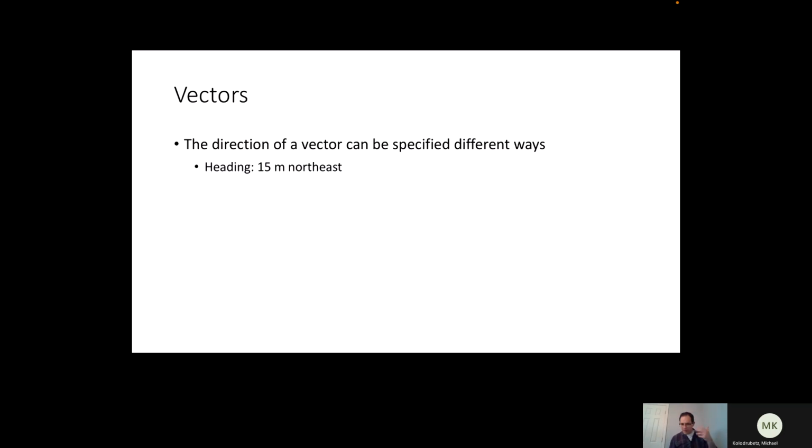Of course, for our purposes, we usually want to put a little bit more math behind these things. We're going to use angles. So the more conventional way that we will do it is we will draw out a vector, we will draw out a direction via some angle that it makes with some fixed axis. So here, for example, the same vector would have a magnitude of 15 meters and a direction 45 degrees north of east.